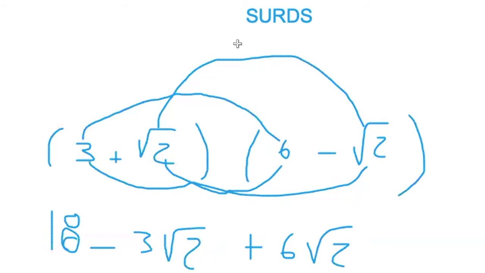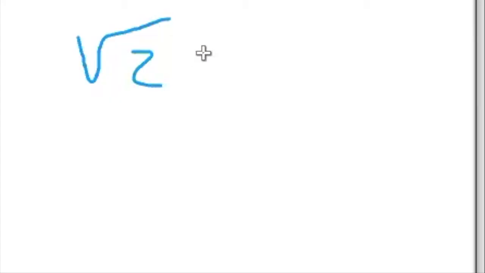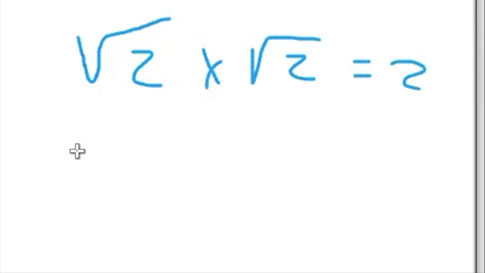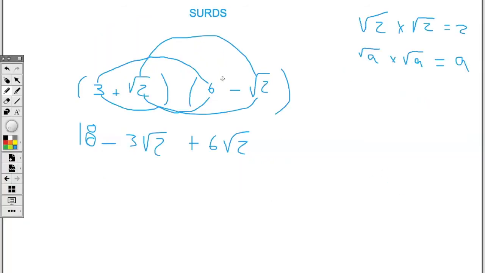Then root 2 times negative root 2, that will give us root 2 times root 2 will give us 2 because the root says root a times root a gives us a. So here root 2 times root 2 will just give us minus 2.